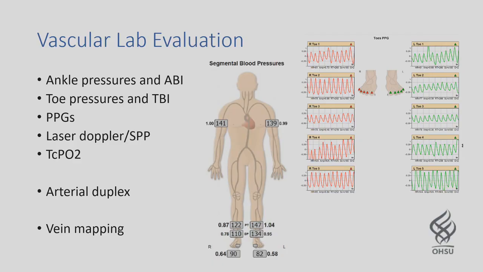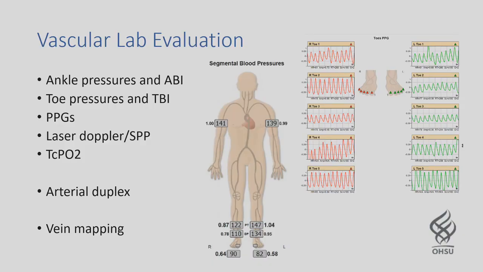So an ABI may be falsely elevated. Typically, if it's greater than 1.3, we don't trust those values. However, a vascular lab will also give you a waveform, so abnormal waveforms, and a falsely elevated or non-compressible ABI is an unreliable test, so you don't have any idea what their perfusion is because of that.